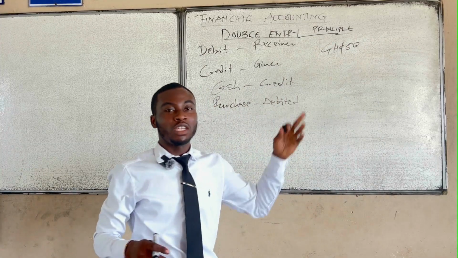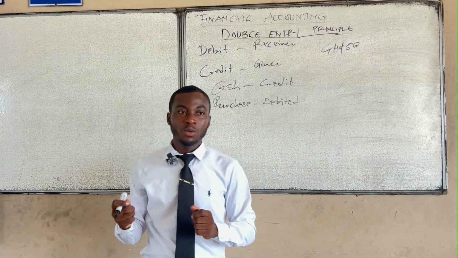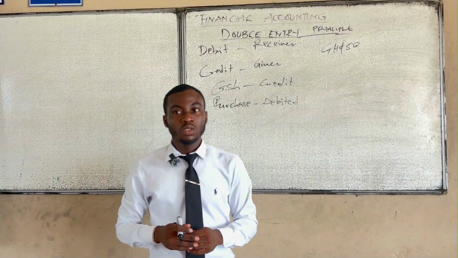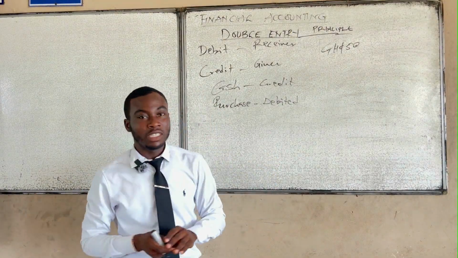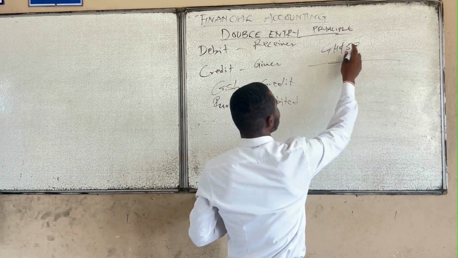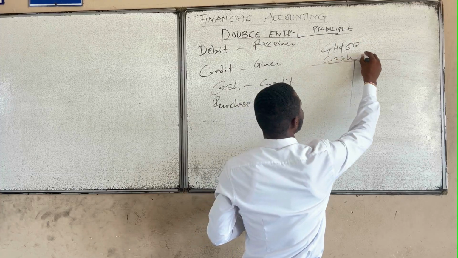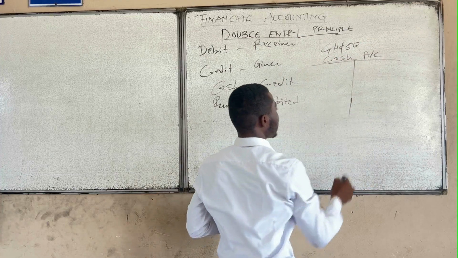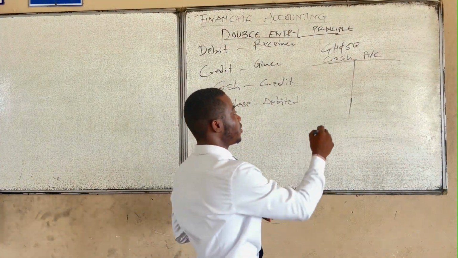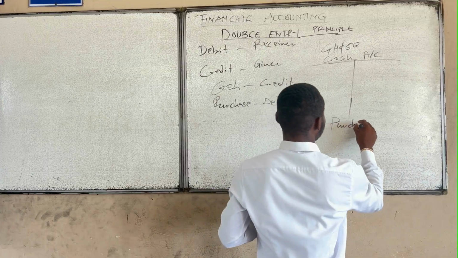We are going to record this transaction twice: one in the cash account and one in the purchase account. So we open two accounts here. The first one is the cash account, and then we open the purchase account as well.